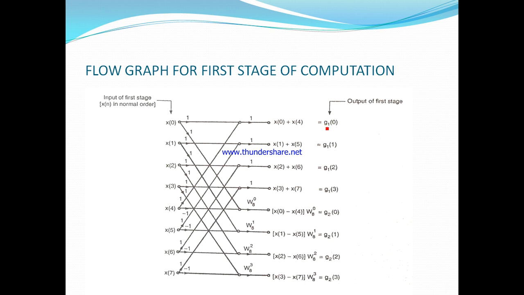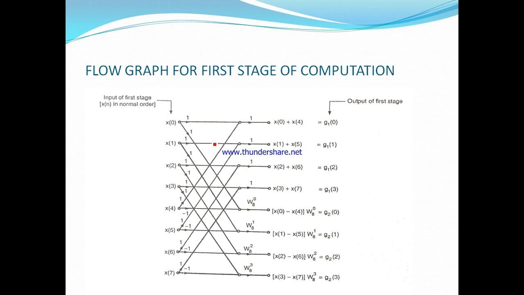We are giving a new name, G1 of 0. Again here it receives x of 1 and x of 5, so 1 plus 5. Here it receives x of 2 and x of 6, and here x of 3 and x of 7.